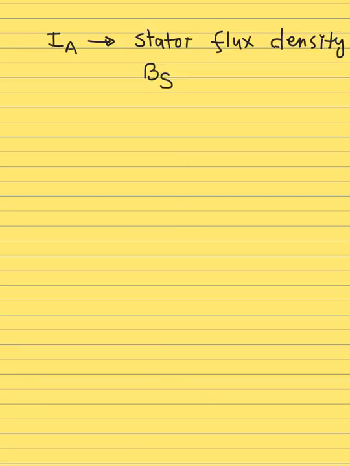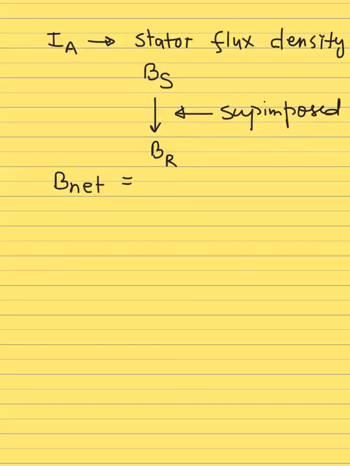Now this is going to be superimposed on the flux density produced from the field winding, which is rotating, from the rotor, represented by B_R. So that's the flux density from the rotor. So both of them are superimposed, and the net field is going to be the sum of B_R and B_S.